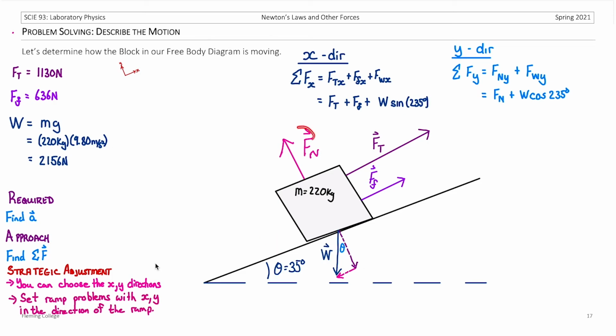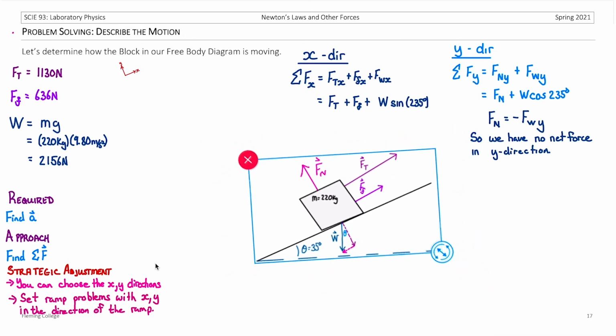So because the normal force is entirely a reactionary force, we can make the assumption that our force normal is equal to and opposite direction of the force weight's y component. So what this tells us is that in our y direction, there is no net force.